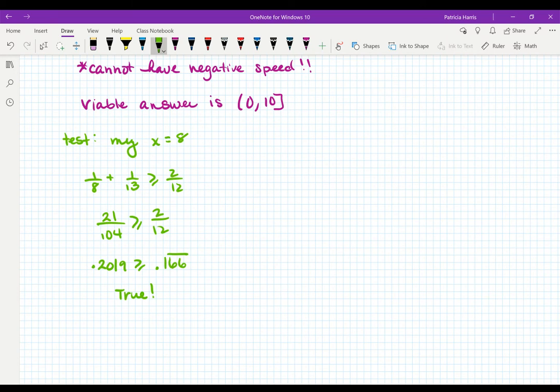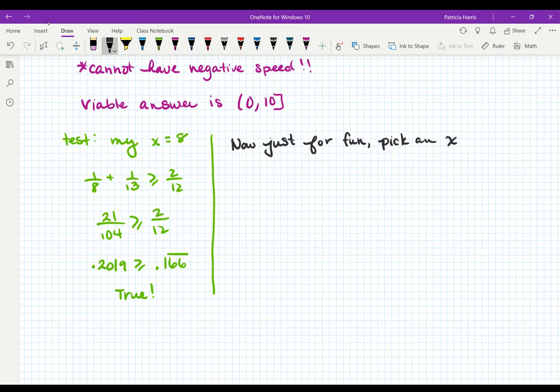Now, just to be on the safe side, let's pick an answer outside of our solution. So let's pick x equals 20. Let's say I was kind of hauling butt.